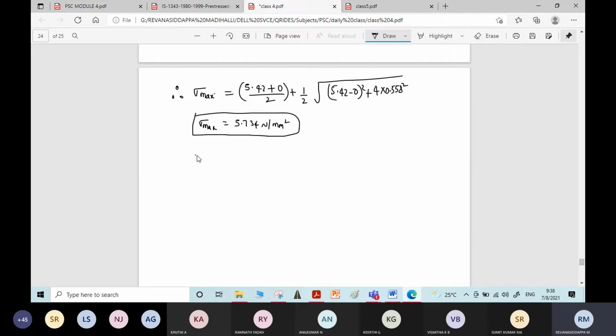And sigma minimum is equal to 5.42 plus 0 whole divided by 2, minus half of root of (5.42 minus 0) whole square plus 4 into 0.558 square. What is the answer? Sigma minimum?